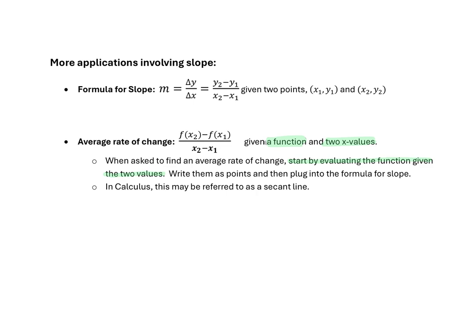We write them as points, and then plug them into the formula for slope, or the formula for average rate of change. This is something that we'll see in this class and in the next class, and it's a really important topic when we get into calculus. In calculus, we refer to this as a secant line. All right, let's look at some examples of this.